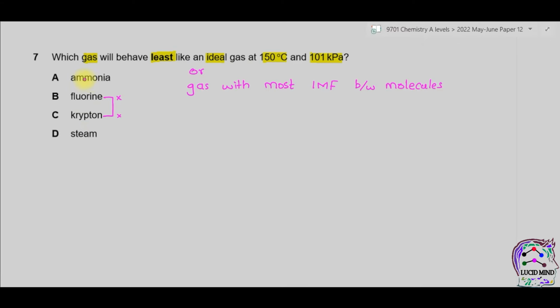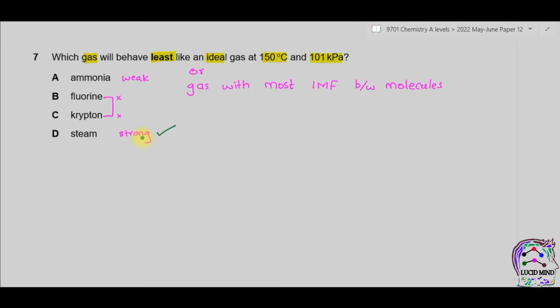Now let's compare ammonia and water. In ammonia and water we have hydrogen bonding, but the boiling point or the intermolecular forces in ammonia are weak as compared to steam or water. In water we have strong intermolecular forces. Now both are present at 150 degrees centigrade and 101 kilopascal, so we'll still take out the one in which the forces are stronger.